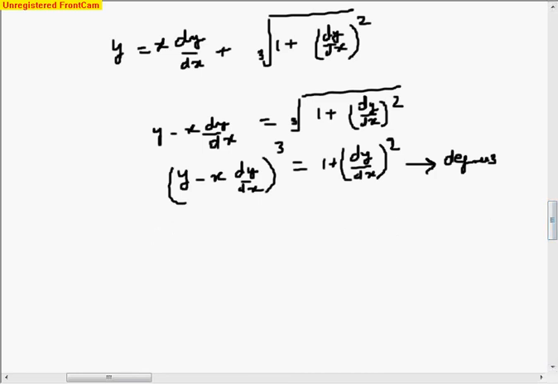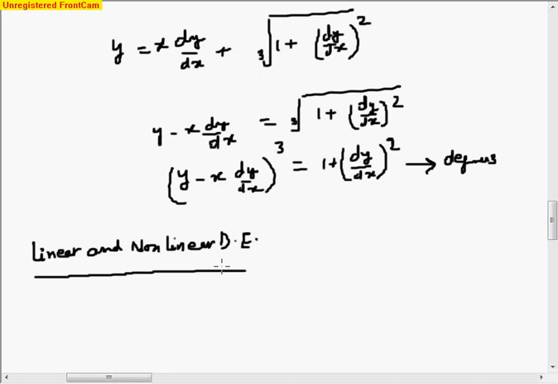Next is linear and non-linear differential equations. What is a linear differential equation and what is a non-linear differential equation?